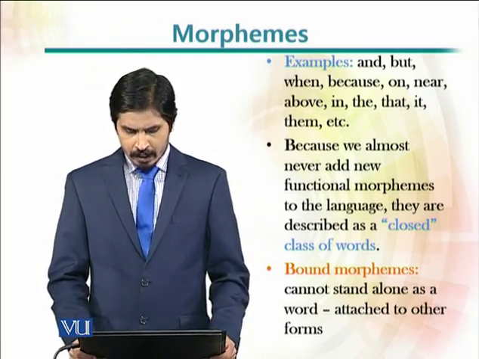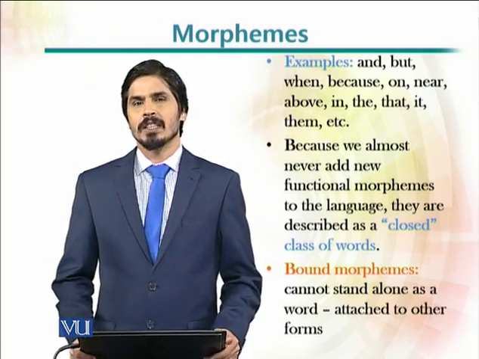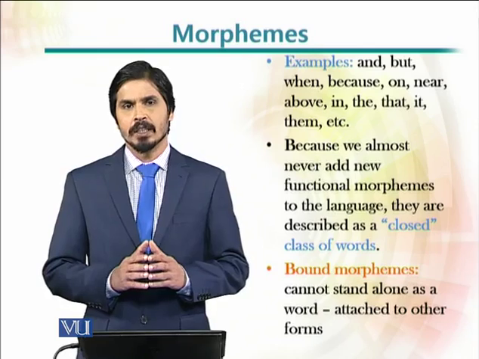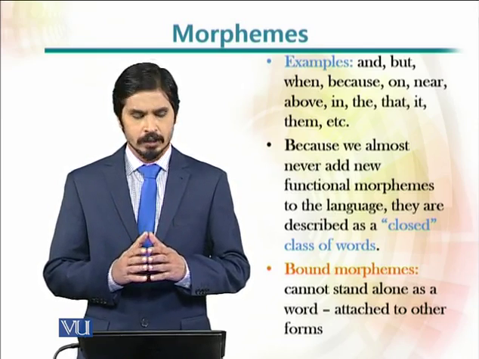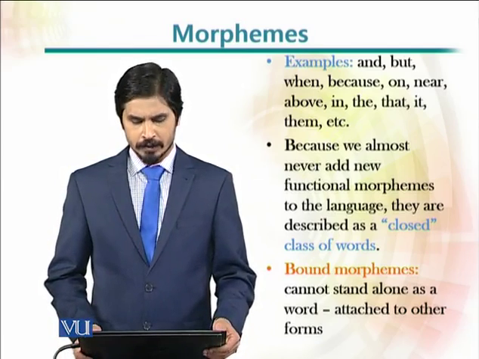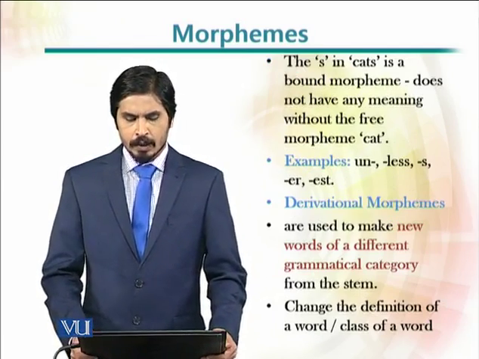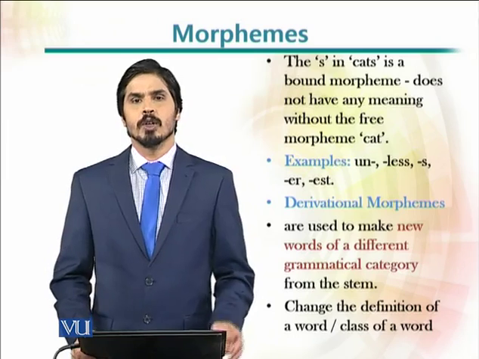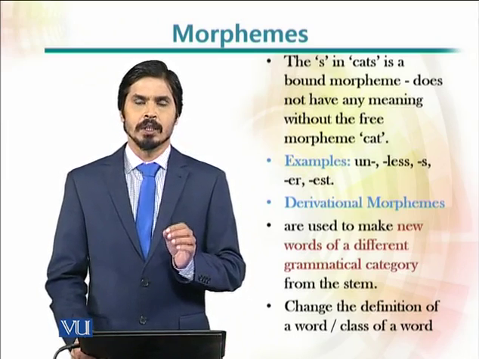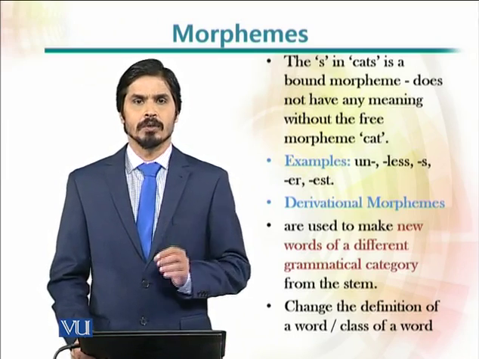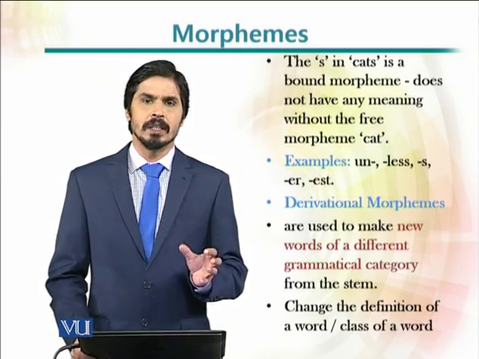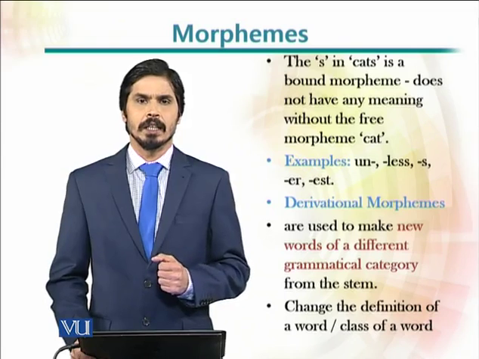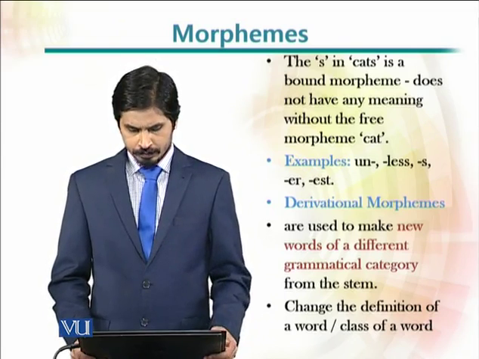We have bound morphemes which cannot stand alone, and they only convey their meanings when they are put together with other words, usually with free morphemes. For example, in the word cats, the morpheme s, which is showing the plural nature of the word, is a bound morpheme because s independently does not convey any meaning.